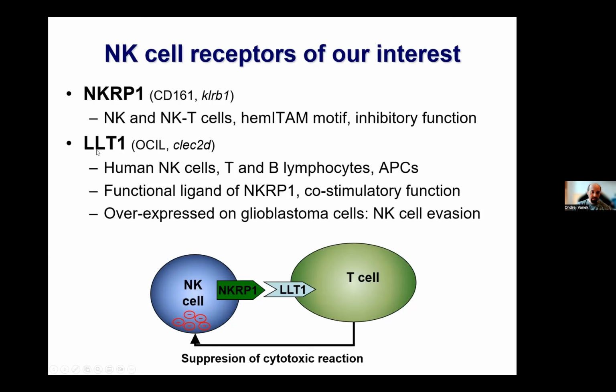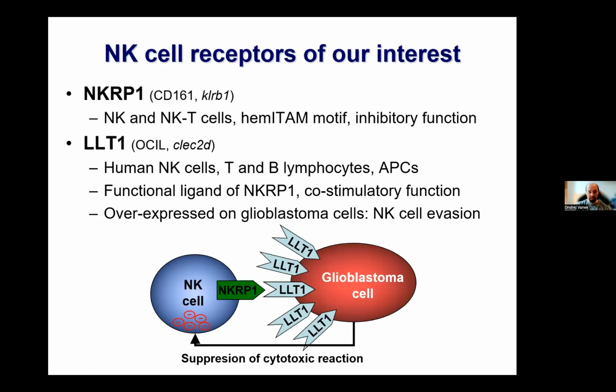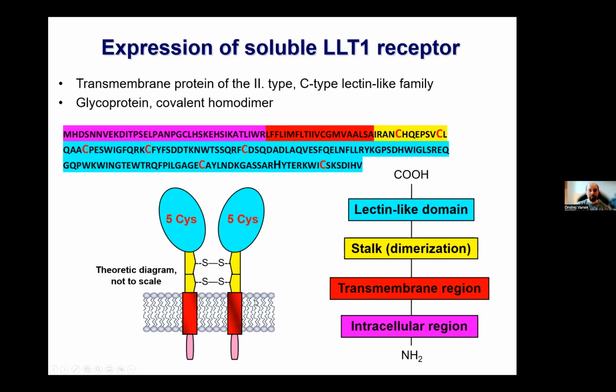And its ligand, called lectin-like transcript 1 or LLT1, is expressed on other immune cells, also NK cells, but also other immune cells, and it has regulatory function. So this interaction typically leads to suppression of NK cell activity, but in many cases of various cancers, including glioblastoma, but there's more, LLT1 is unfortunately overexpressed by those cells, and then it inhibits our immune response.